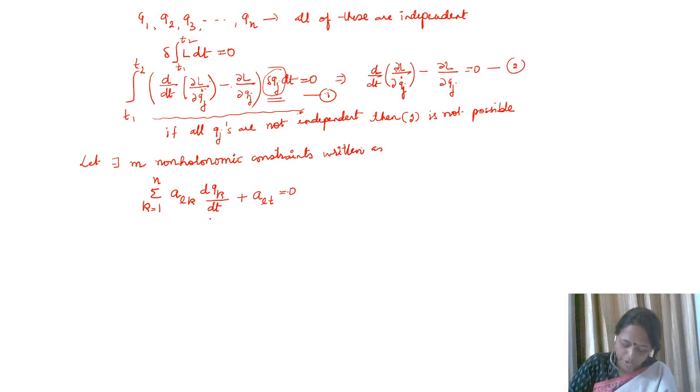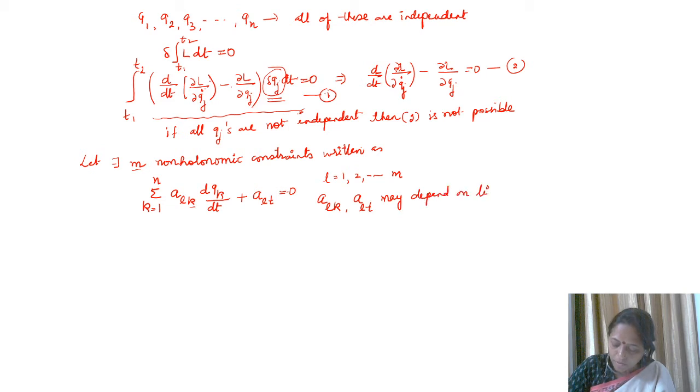In this constraint you have a system of n particles. Here k is a dummy suffix, so your summation goes for k from 1 to n, and l represents the number of constraints. As I am saying there are m constraints, l goes from 1 to m, and a_lk and a_lt are coefficients; these may depend on time, and these are determined with the help of the constraints.